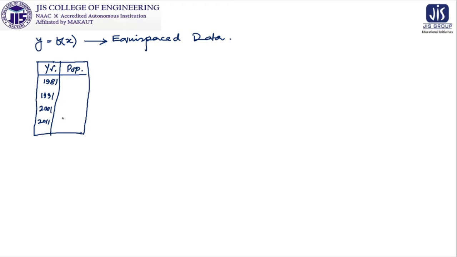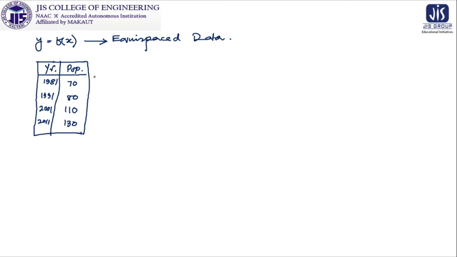Suppose it is 130 crore, it is 110 crore, and suppose this is 80 crore, and suppose this is 70 crore. I don't know whether these are the exact data or not. I am just writing for our example purpose.